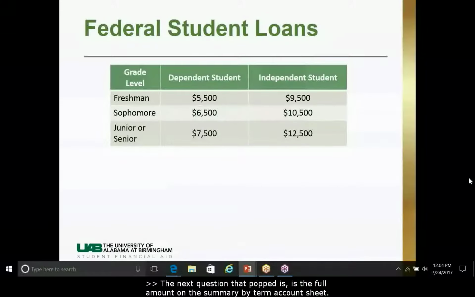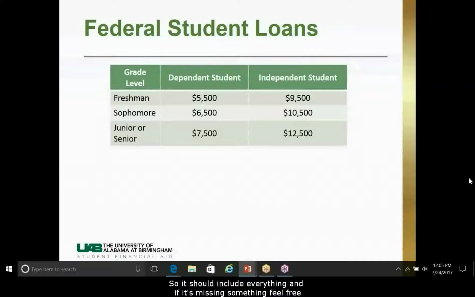The next question that popped up is: does the full amount on the summary by term account sheet reflect the total amount that our student will owe, including not only tuition, but also room and board? Yeah, that's actually including everything if the charges have been applied. So if your student is expected to be living on campus this semester and you do not see a housing charge just yet, it probably means that housing has not yet given your student a room assignment.